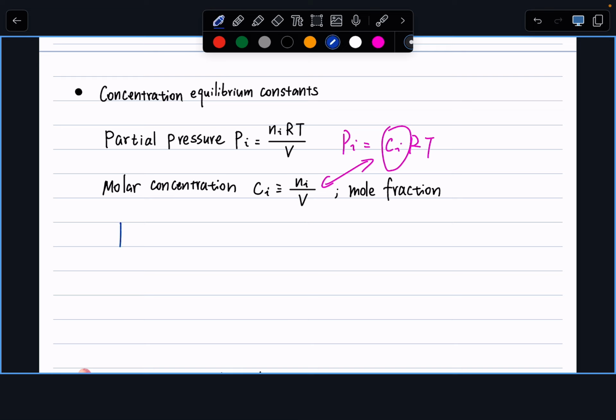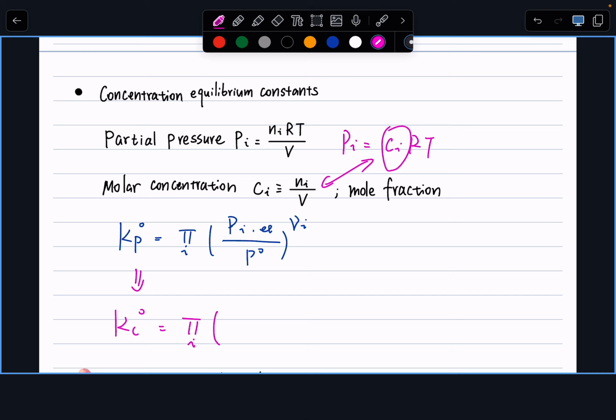Starting from my original definition of Kp naught, which equals the product of my partial pressure over P naught to the stoichiometric coefficient, and knowing that Pi equals Ci times RT, we can replace it to say Kc naught. That C means it's the equilibrium constant for molar concentration.